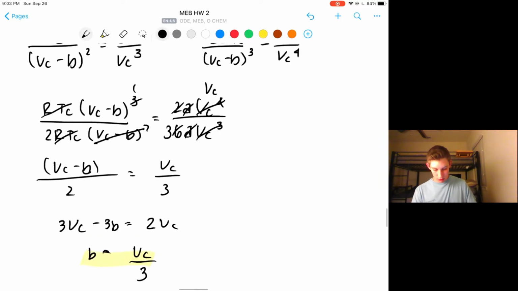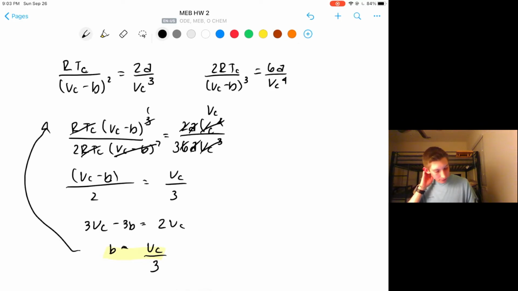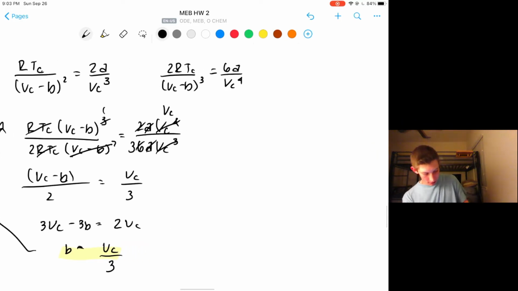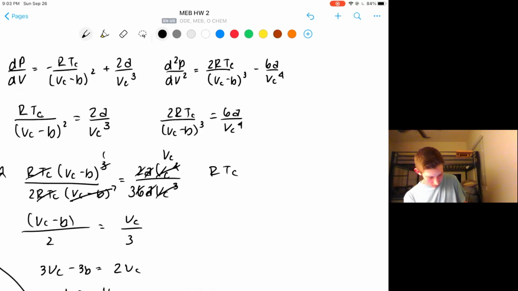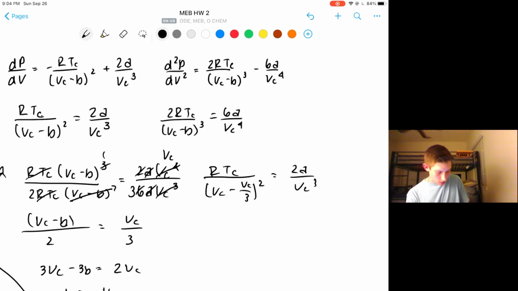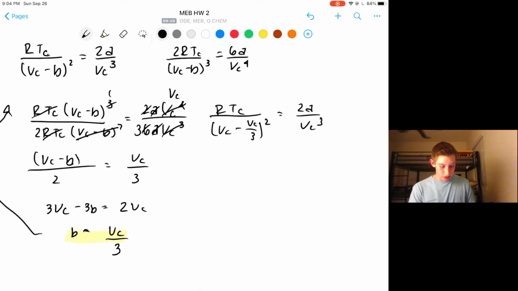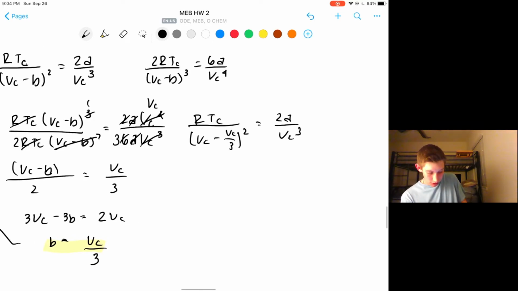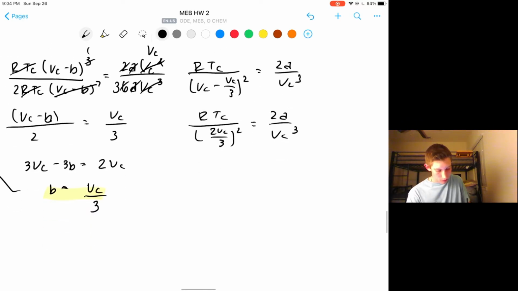So if we plug this back into this equation here, we can solve for A. We can just do some algebra to get A by itself. So it will look something like this. And then cross multiply after you get rid of the fraction in the denominator.